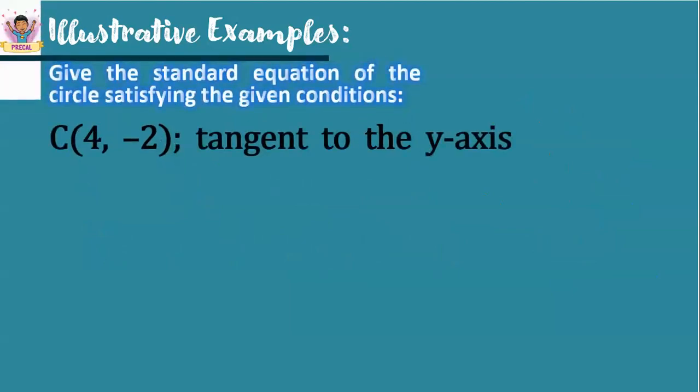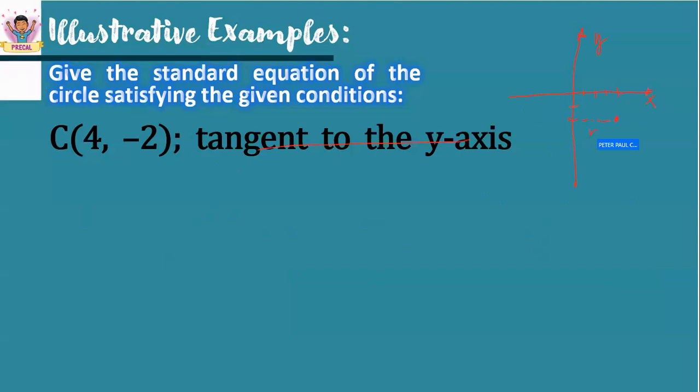Sometimes you will also encounter problems in which you have to illustrate first the figure. So let us assume that we are graphing the center at 4, negative 2. So this is where the center is located, at quadrant 4. So suppose that it is tangent to the y-axis. So we assume that the circle has r here.